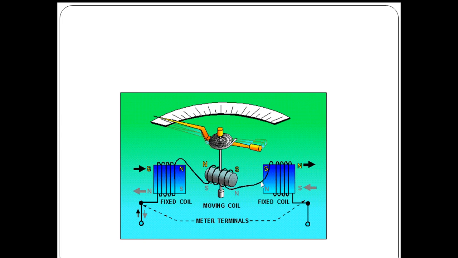And here we are having a cylindrical structure that is mainly for producing the radial magnetic field.